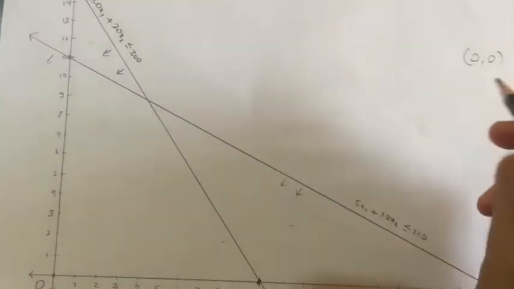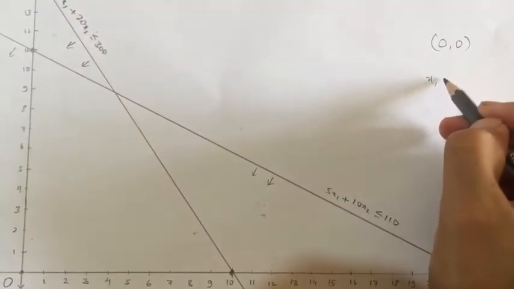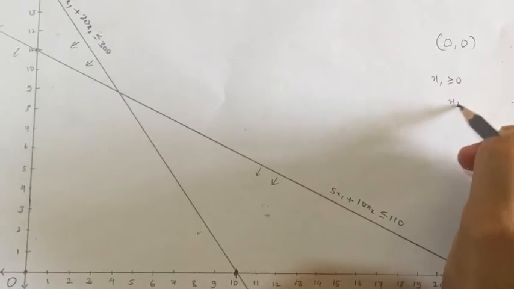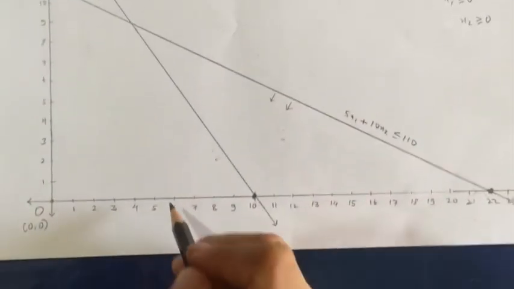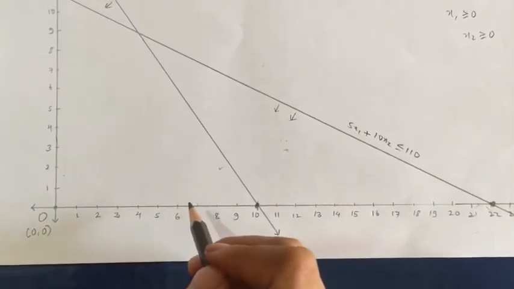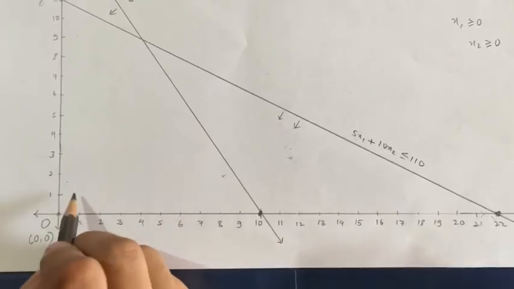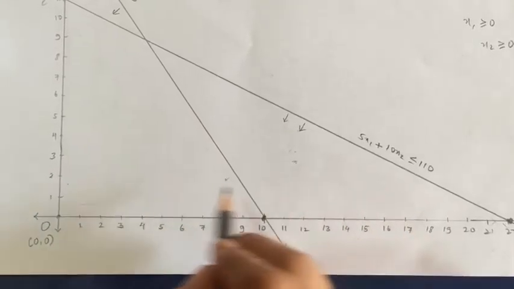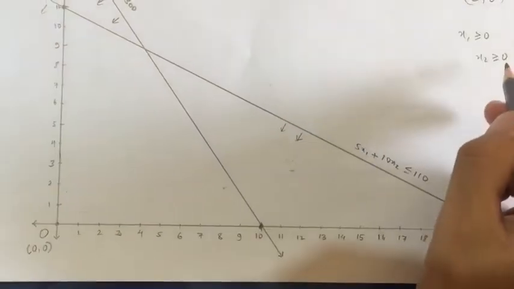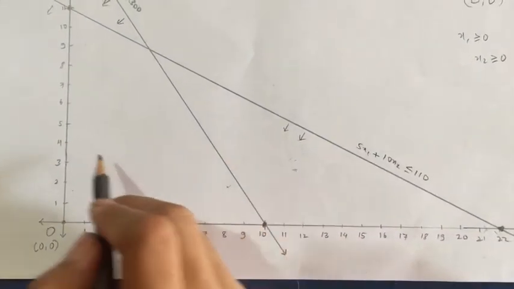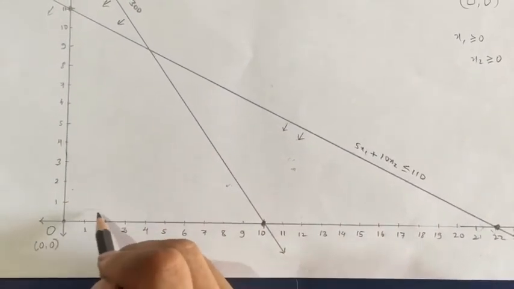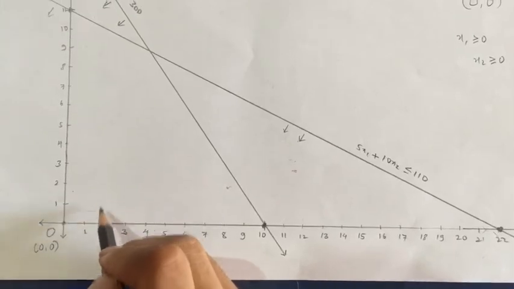The other constraints are the non-negativity constraints: x1 is greater than or equal to 0, x2 is greater than or equal to 0. So x1 greater than or equal to 0 means from here to this area it is positive. Similarly for x2, greater than or equal to 0 means above this line.